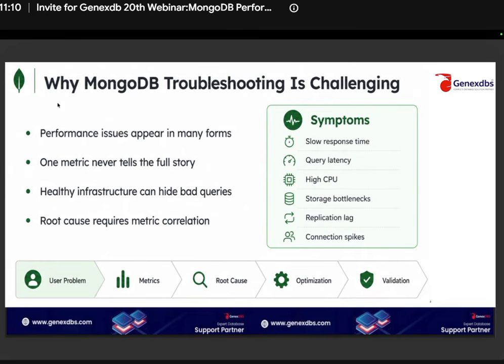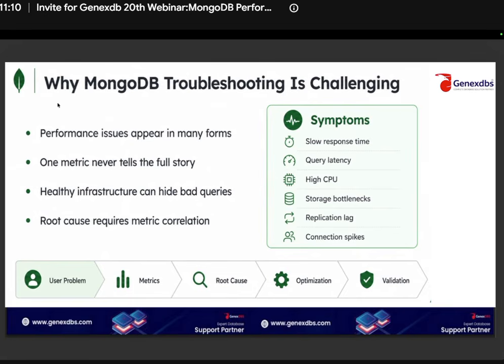This illustrates an important principle: MongoDB performance optimization is not only about collecting every available metric, but about identifying the metric which explains why MongoDB is behaving this way. And we DBAs should follow a structured workflow for this. We have to understand the problem and identify the user impact.